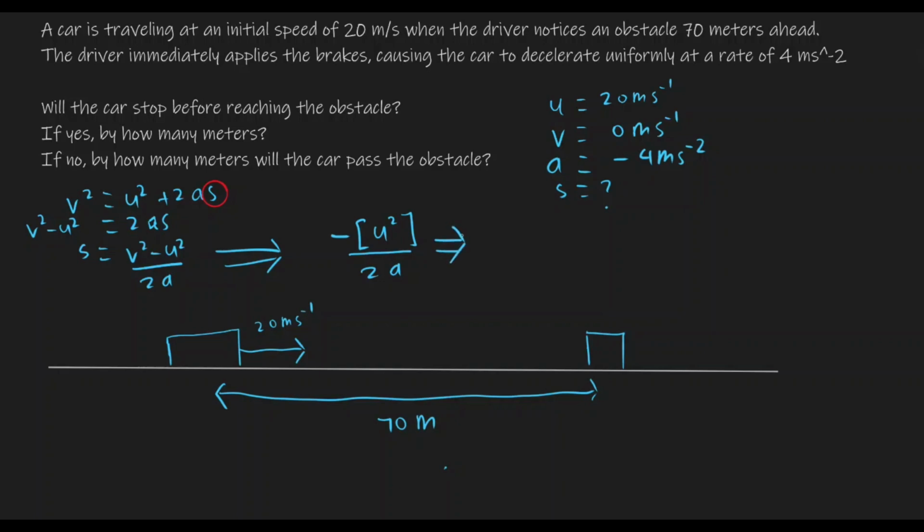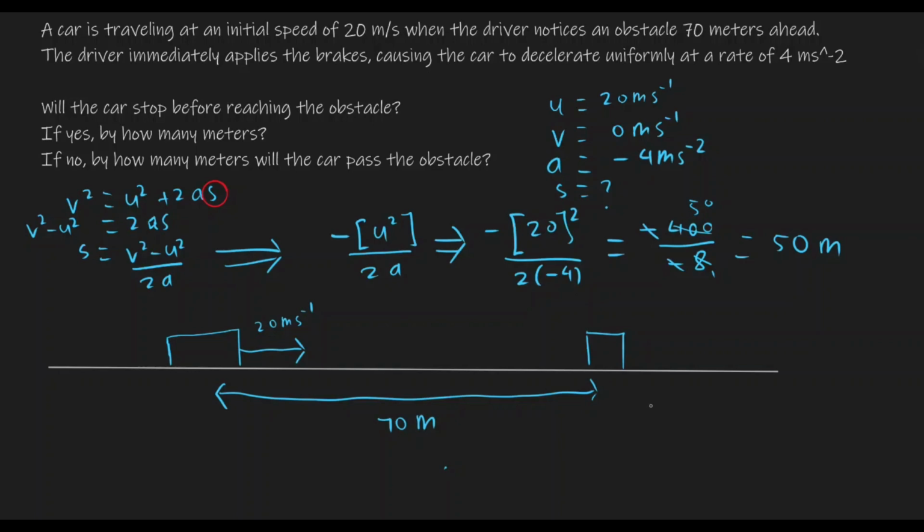So here we sub in our variables: minus 20 squared over 2 times a, and a is negative 4, don't forget the negative. This is equal to negative 400 over negative 8. Negatives cancel out, 8 and 50, and we get 50 meters.